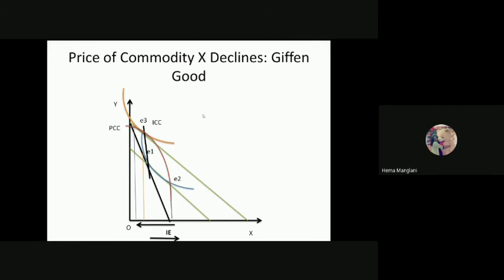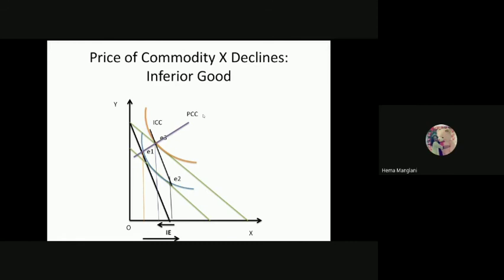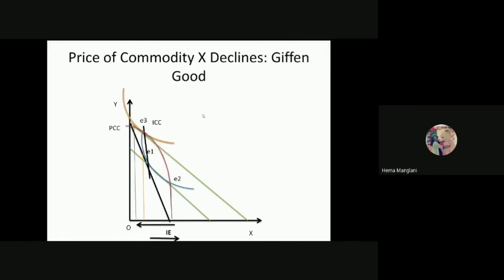Now I would like you to see the reverse case, where the price of commodity X is increasing, for the Giffen good and also the inferior good. And in the same way you need to do it for commodity Y also. So by today, you'll do all the cases of commodity Y and also the reverse case of commodity X, especially for the inferior good and Giffen good.